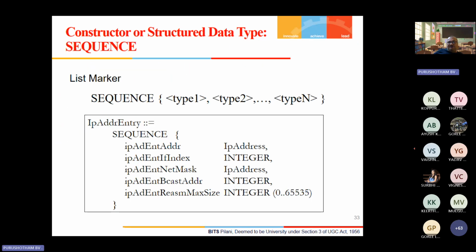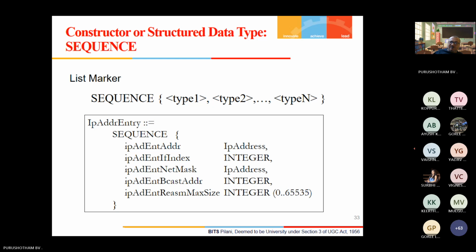For example, IP address entry is a sequence, not sequence of. If I say of, it becomes two-dimensional. Since it is a sequence, only one-dimensional. So IP address entry: address, IP address.